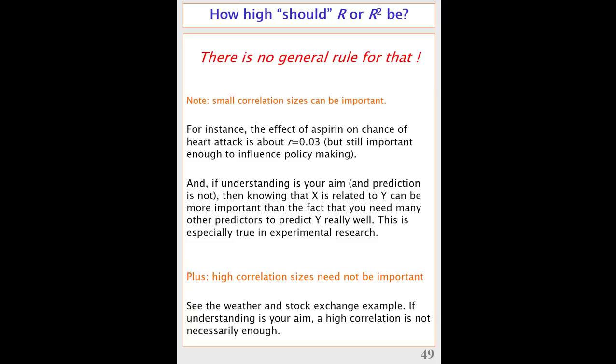You get to swallow aspirin the rest of your life because it decreases the probability of a heart attack. The effect is really small, but it's small enough to be of interest. So, it could very well be, especially for these medical applications, that very small correlation values are actually good enough to go by. Or, the other way around, a huge correlation need not be important at all.